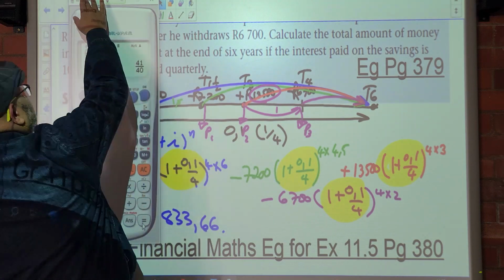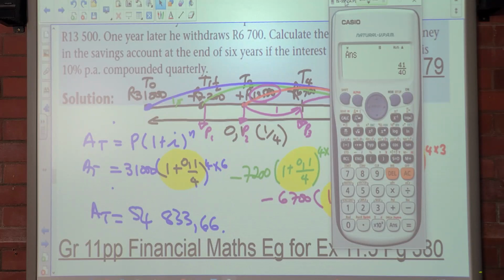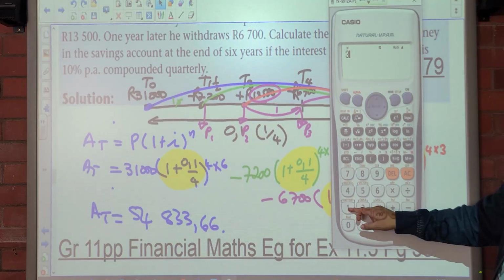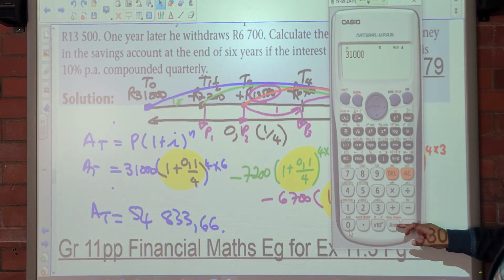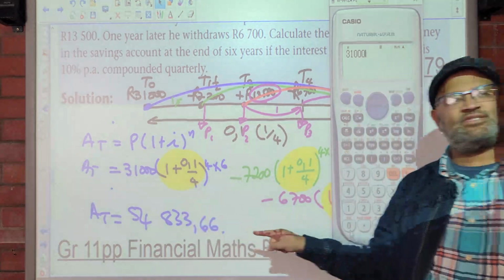So what I do now is, I punch the story in. And this can only be applied if we are applying this method, because the other method is now broken up into all these smaller fragments of calculations. But because this is all in one, I just go 31,000. Instead of pressing 1 plus 0.1 over 4, what do I press?